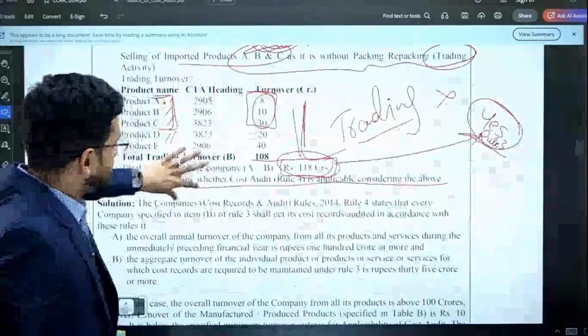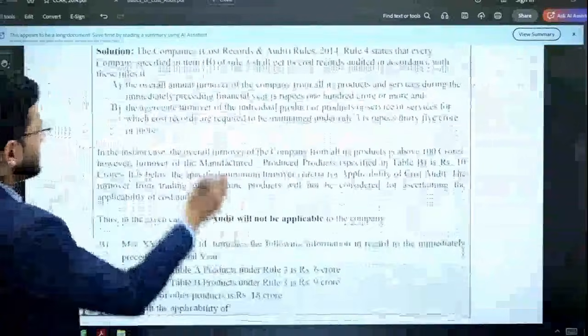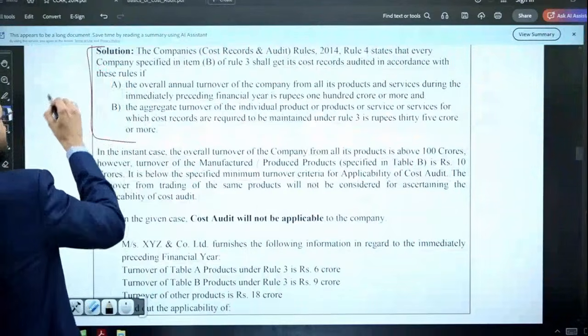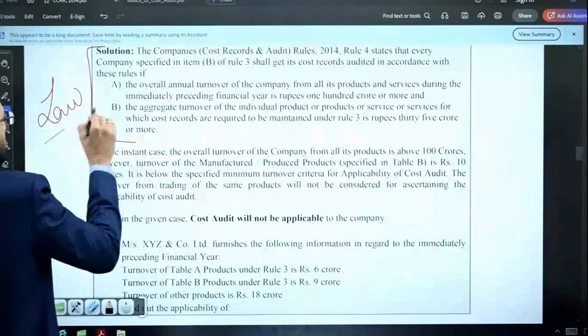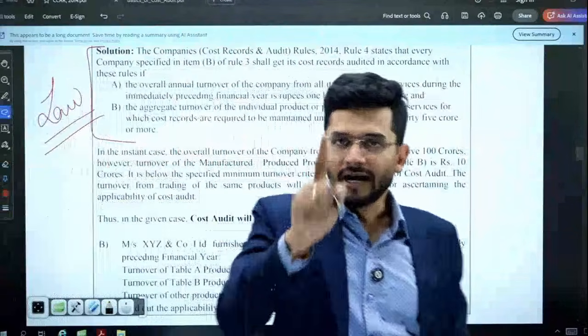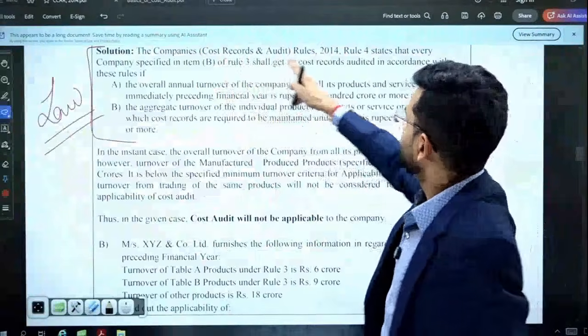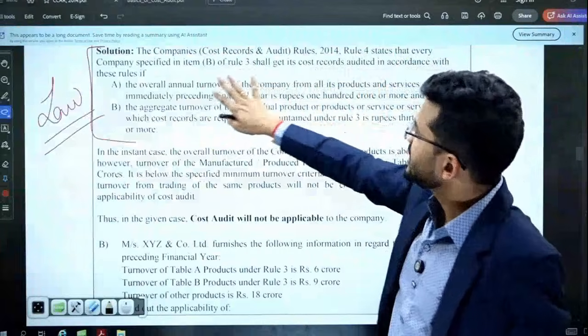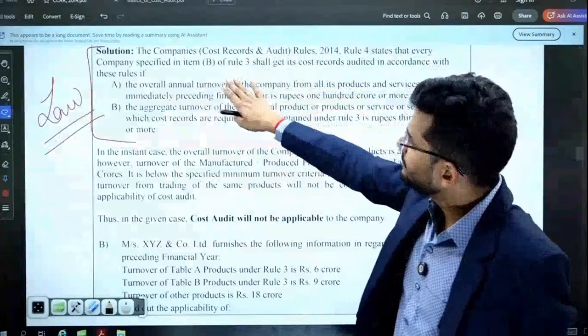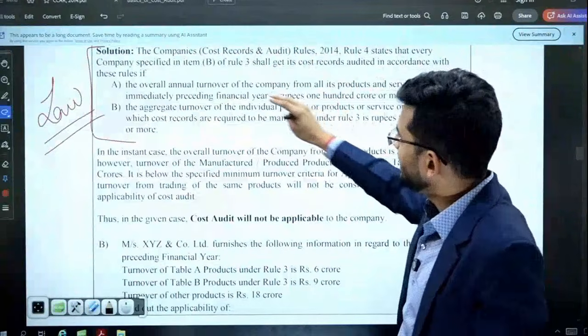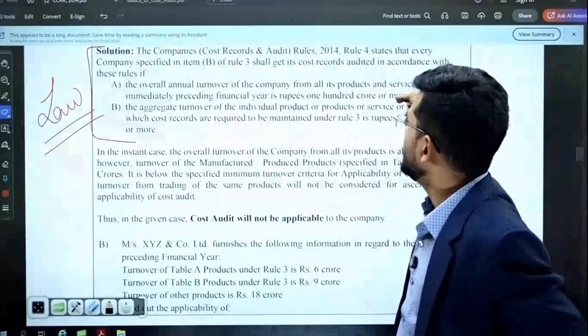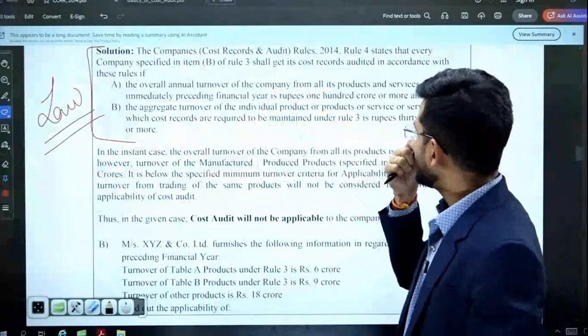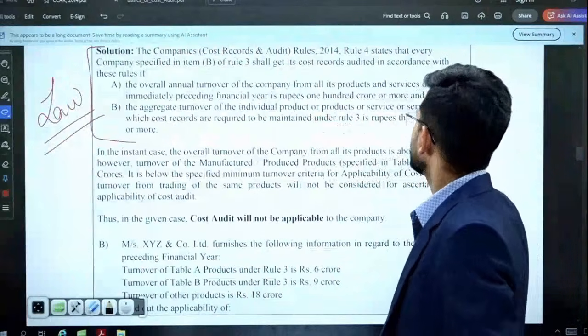Please have the analysis ready with you. Presentation is very easy. First, write down the law properly: as per the Companies (Cost Records and Audit) Rules, Rule 4 states that companies specified under Table B of Rule 3 shall get their cost audit done if the overall annual turnover of the company is above the limit and the aggregate turnover of the products and services is 35 crore.